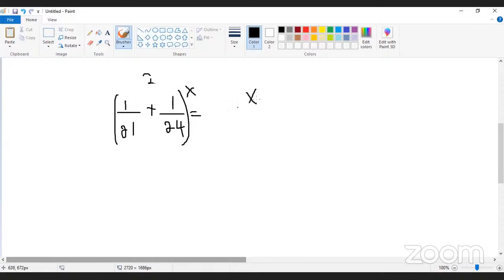So x times 21 plus 24, that is 45 by 21 times 24, x days. So that's equal to how many days they completed the work in the remaining 9 days.